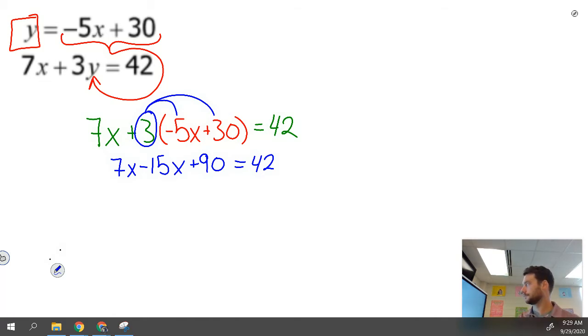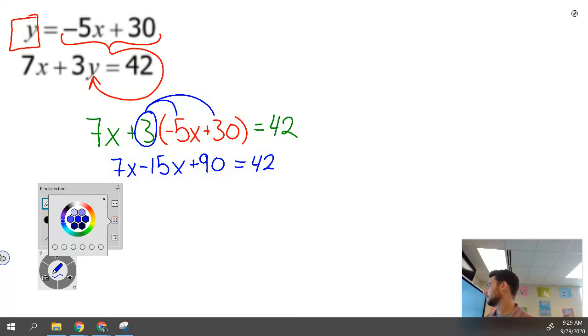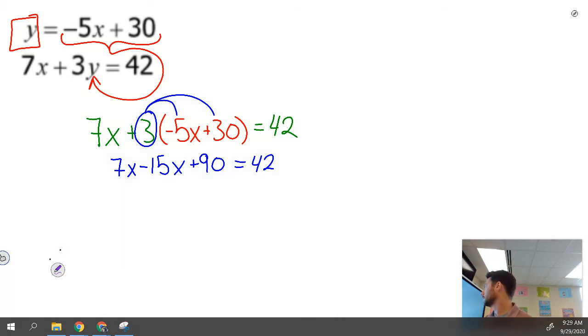Great. We'll combine like terms. That and that, 7 minus 15. What is that? That's a negative 8, I believe. Plus 90 is equal to 42.